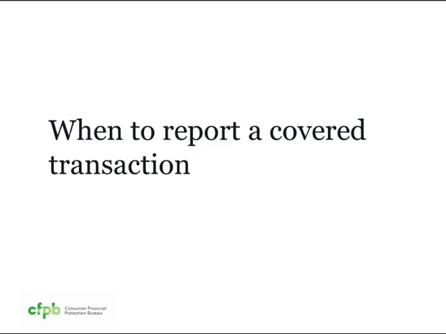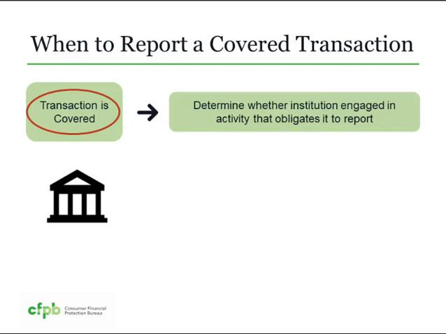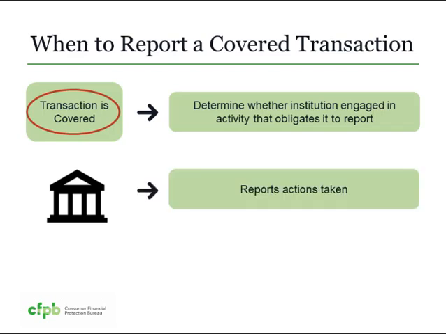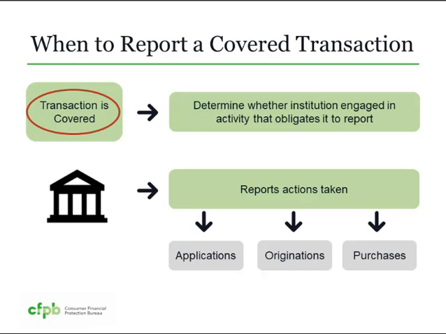Let's discuss when an institution reports a covered transaction. Once a financial institution has determined that the transaction is covered, it must determine whether it has engaged in activity that obligates it to report information about the transaction. A financial institution collects and reports information for actions taken on applications for covered loans, originations of covered loans, and purchases of covered loans.